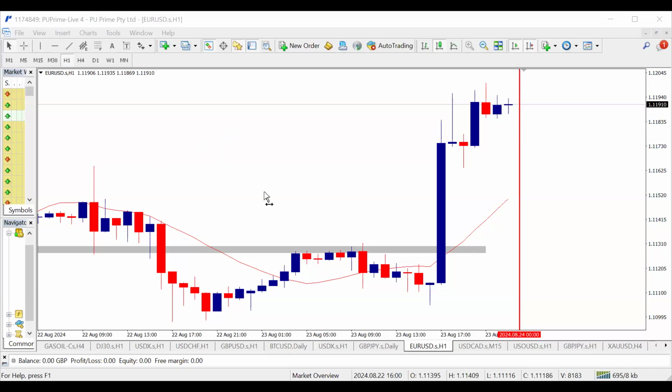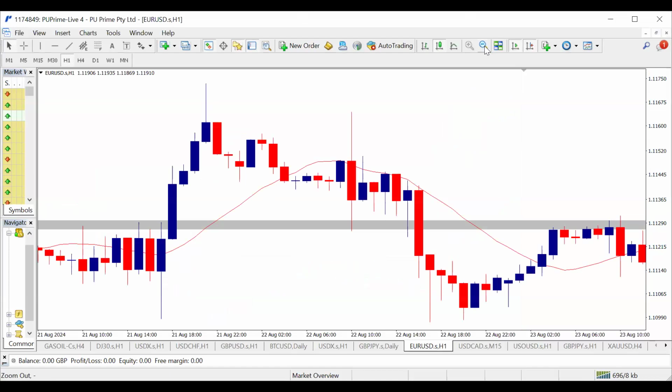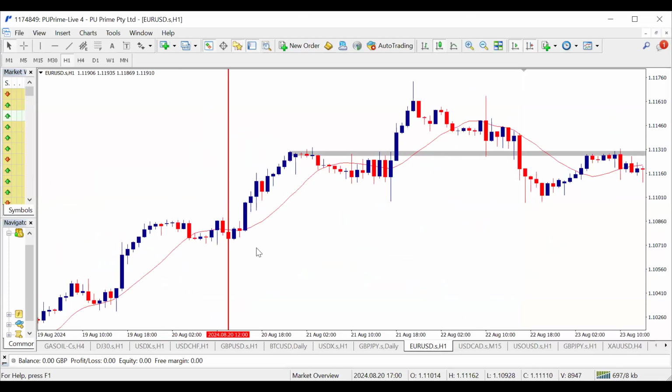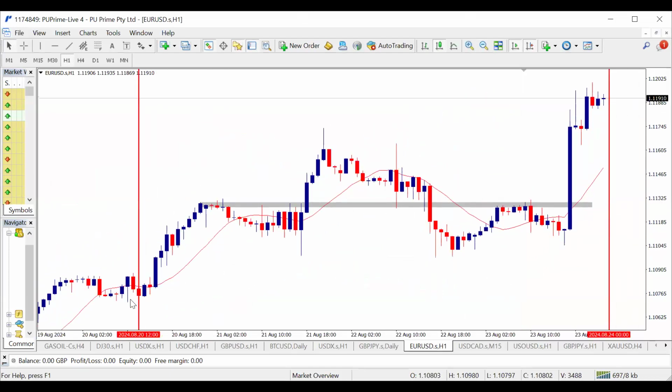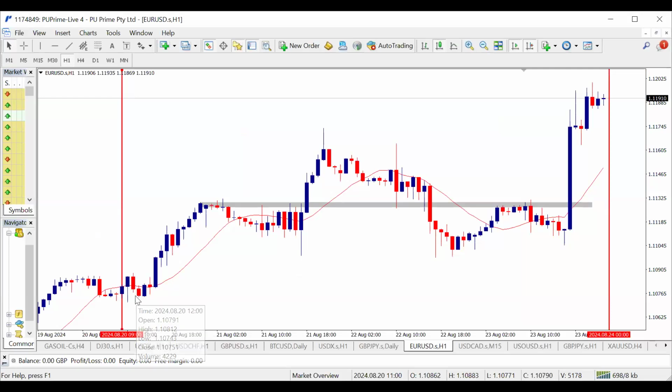Now, I'm going to reduce this. Now we can see from here that this is a support area because we've had presence of buyers in this market. So once you have a support area, what type of candlestick pattern is this?